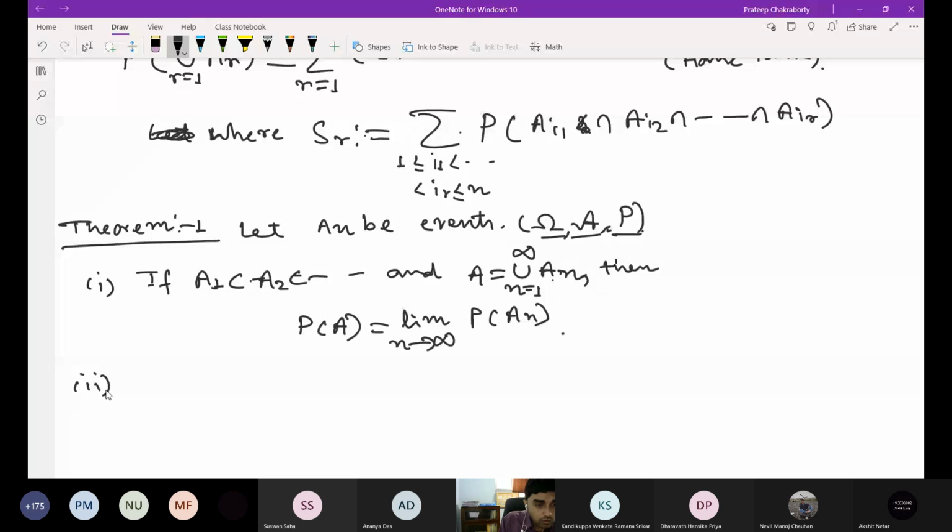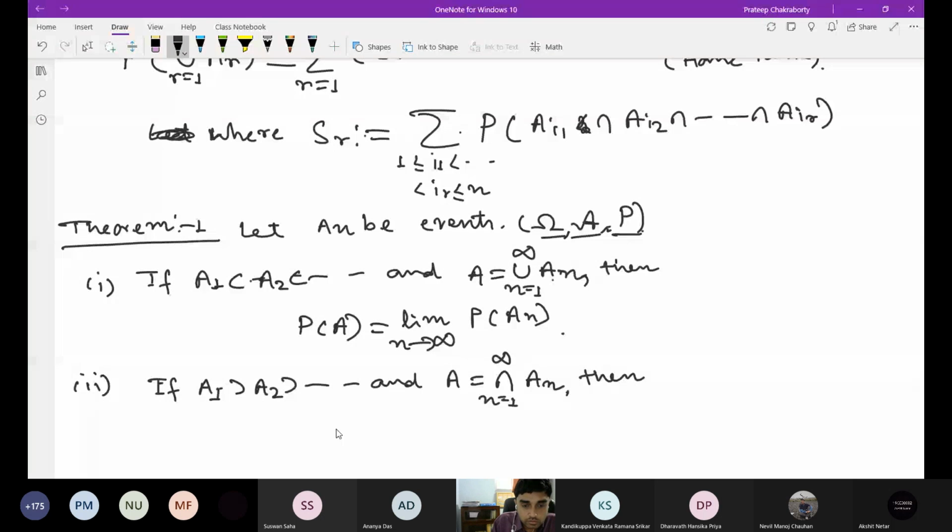And there is the opposite direction, if we go the other way, and A is equal to the intersection of all An. Then again, this is also a continuity type result.